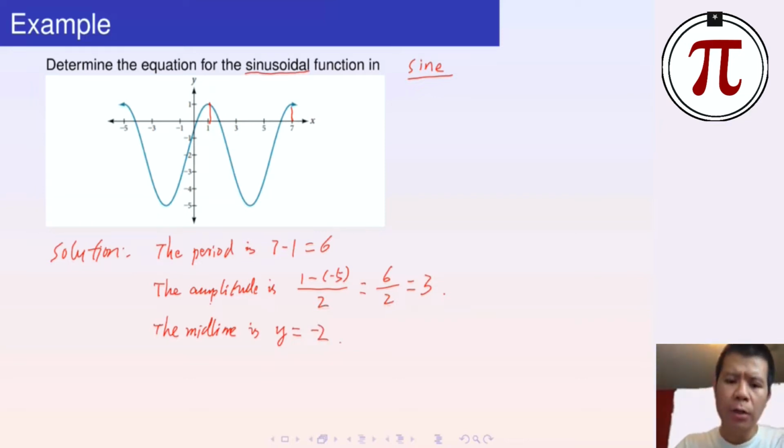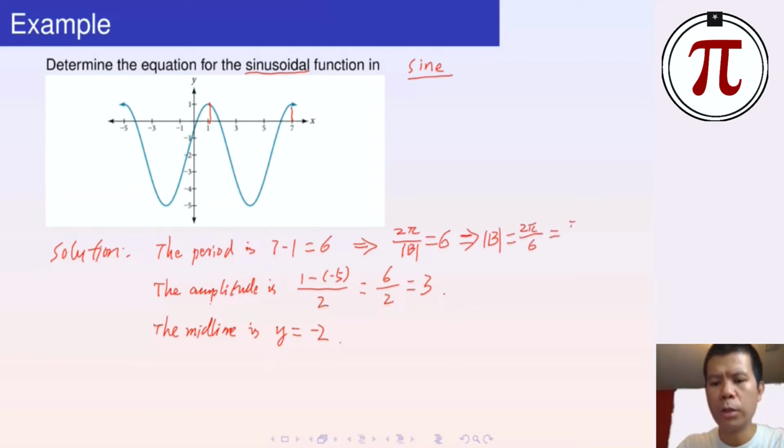Now the period is 6. This implies 2 pi over the absolute value of b equals 6, which gives the absolute value of b equals 2 pi over 6 equals pi over 3.